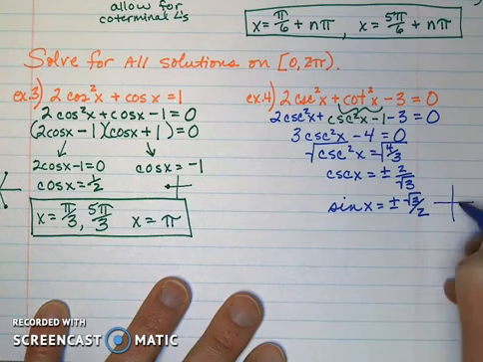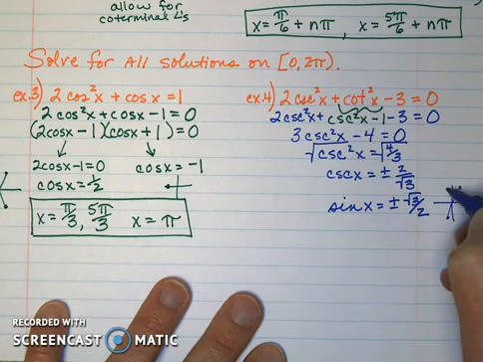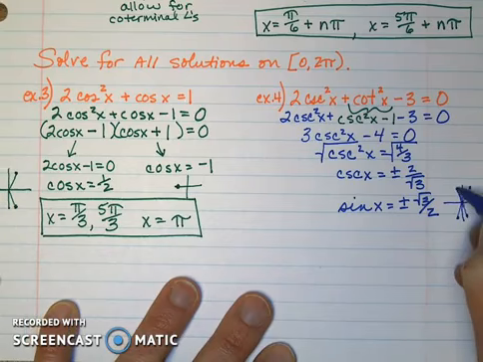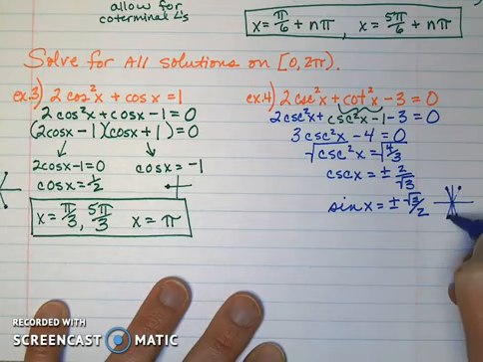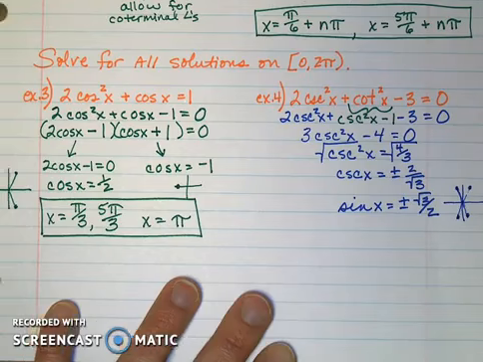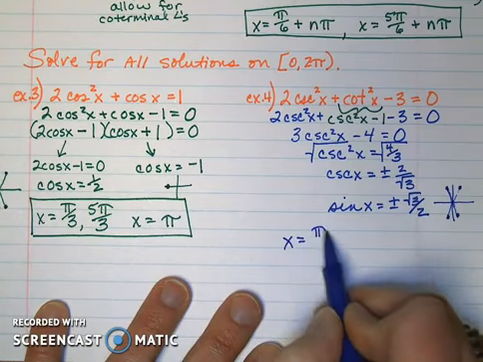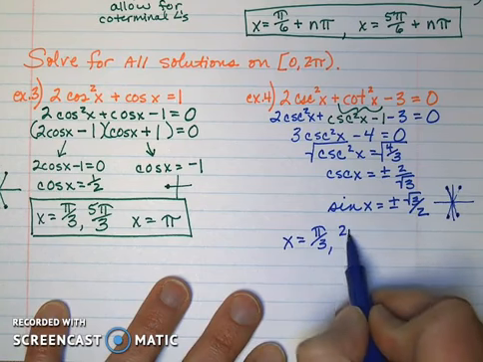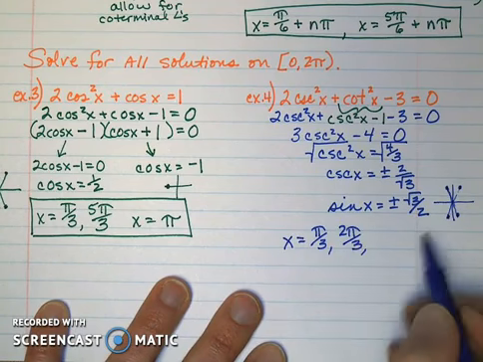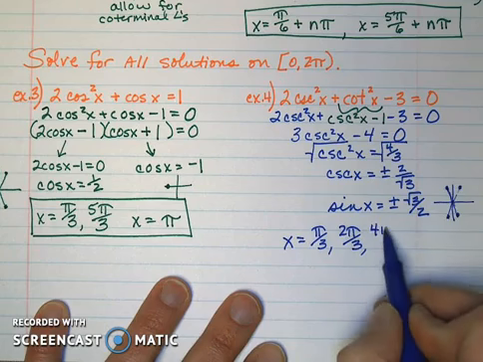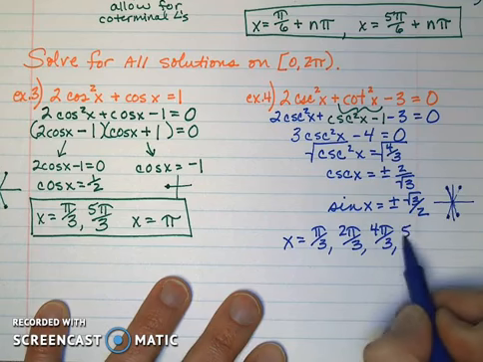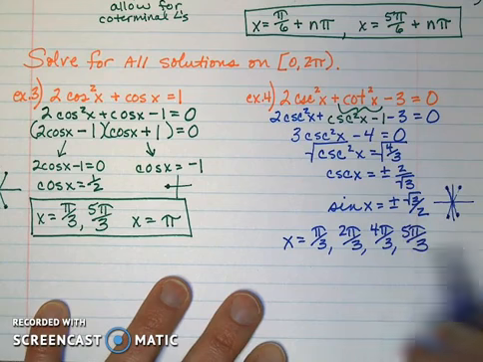So that is all up here and down here, and up here and down here, right? All the pi over 3's. And I can just write those out. X equals pi over 3, 2 pi over 3, 4 pi over 3, and 5 pi over 3. That's my solution set.